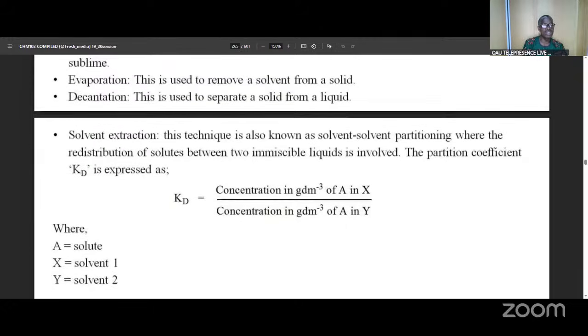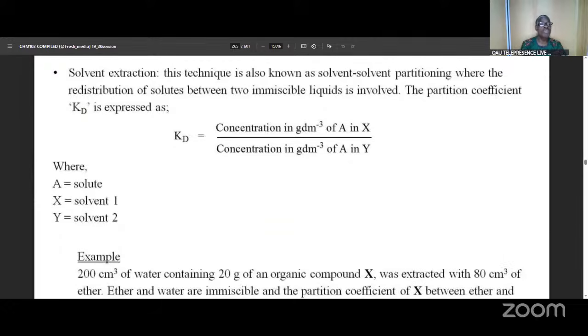one I think you may not be too familiar with. What do we mean by solvent extraction? It's a technique that is also known as solvent-solvent partitioning, or liquid-liquid partitioning, where the redistribution of solutes between two immiscible liquids is involved.